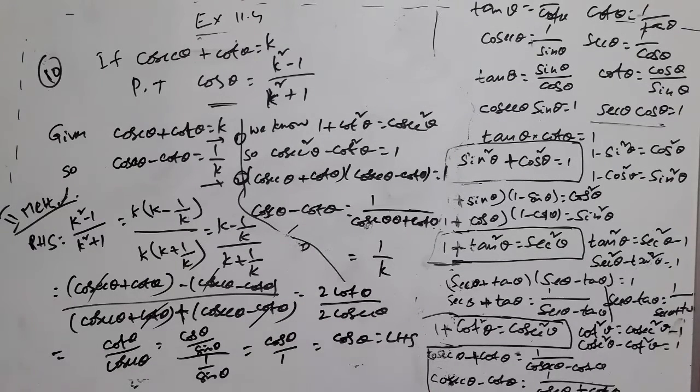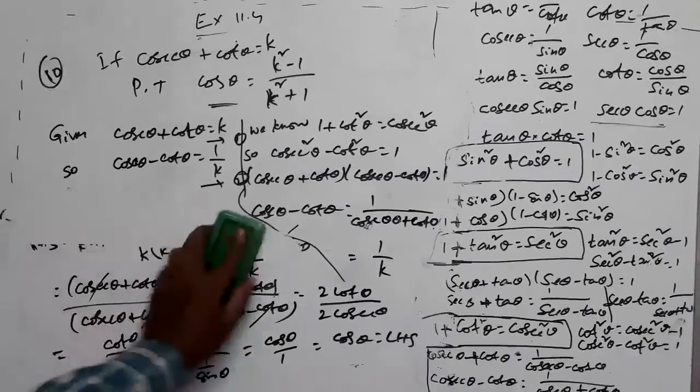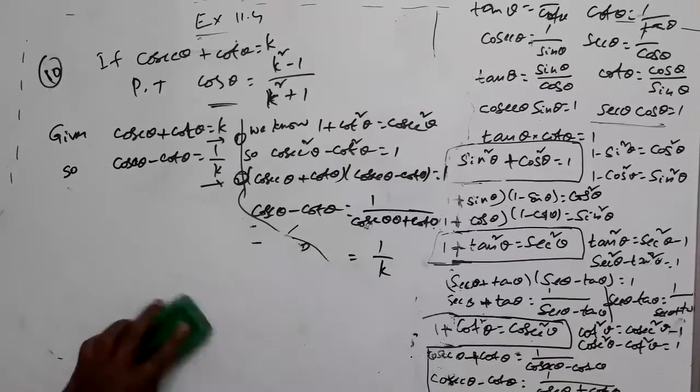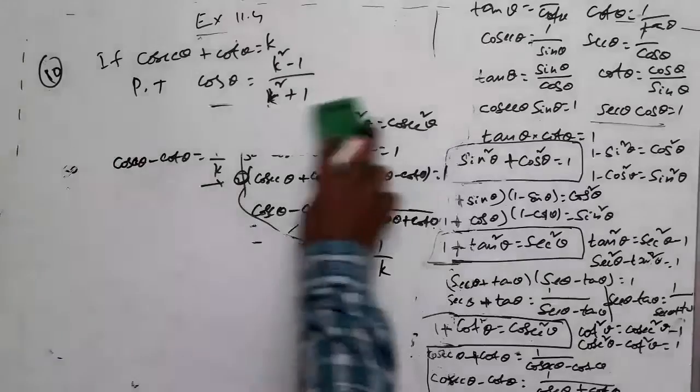Second method. Let us say you have not got this idea also. What can you do? Let us say another method, third method. Method 3. Let us say you have not got all these ideas.